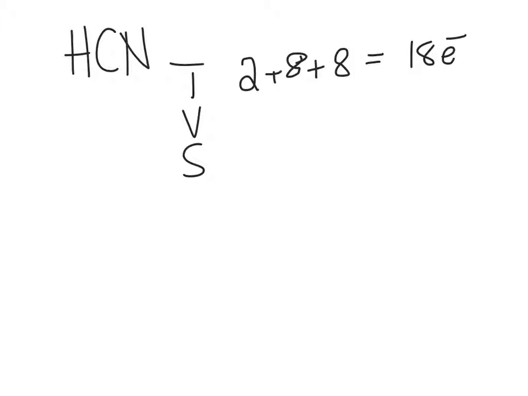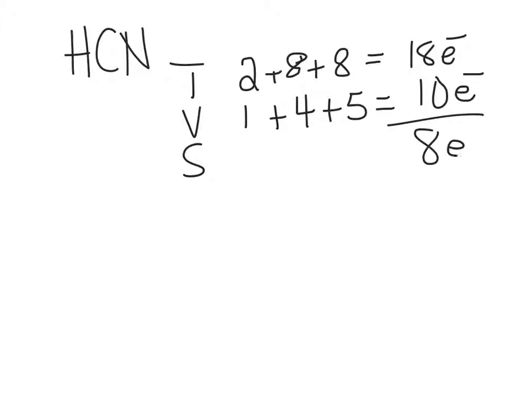But we only have 1 plus 4 plus 5. Hydrogen brings 1, carbon brings 4, nitrogen brings 5, for a total of 10. So shared, the difference between these two, is 8 electrons.